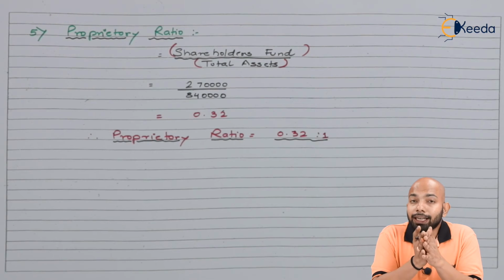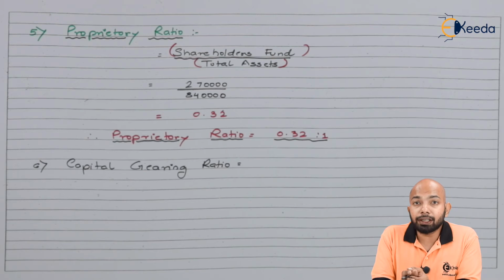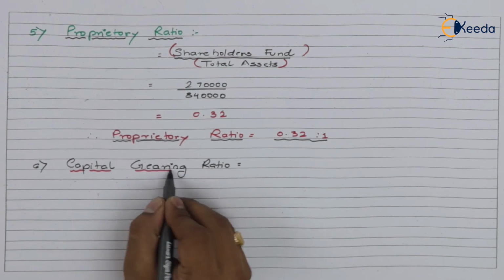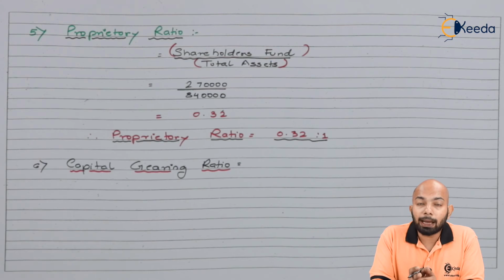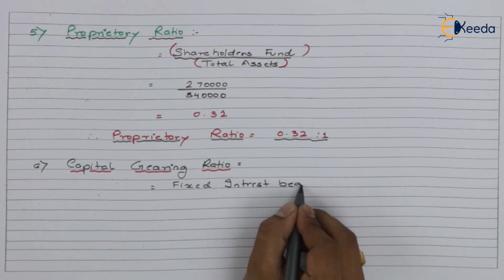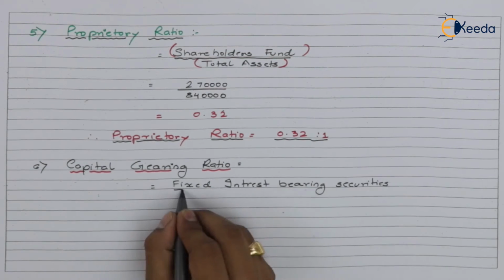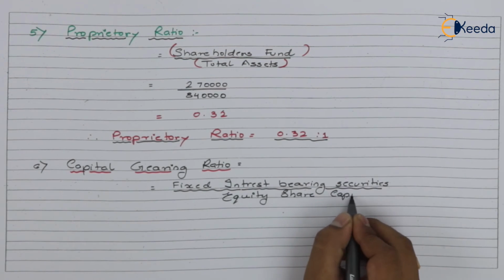Now let's figure out the next ratio. The next ratio that we have to figure out is the capital gearing ratio. Let's figure out the formula for capital gearing ratio.